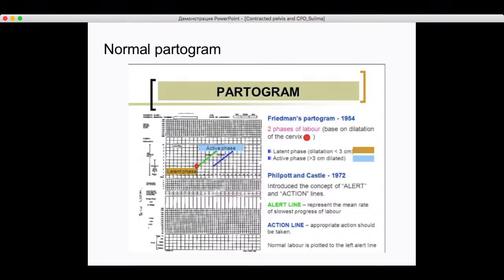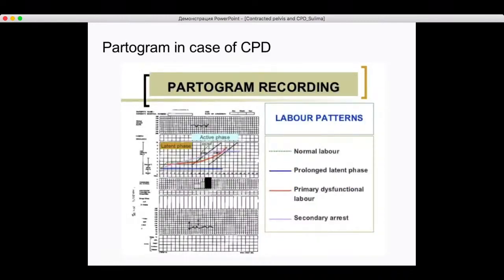Normal labor is plotted to the left of the alert line, and in this case the woman has a normal vaginal delivery. On this picture you can see labor in case of cephalopelvic disproportion.